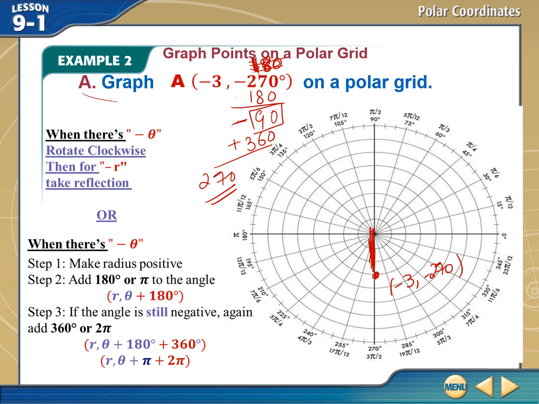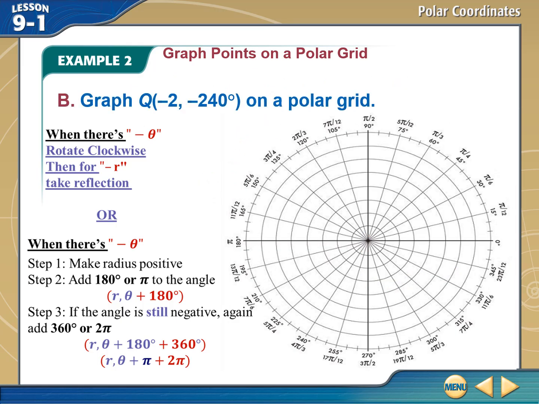This is how. So -2, -240. If our R is negative, what do you do? The first thing is that we add 180 degrees to it. So one is negative, one is positive. 14 minus 8 gives us 60 degrees, but since it is -240, you will get -60 degrees.